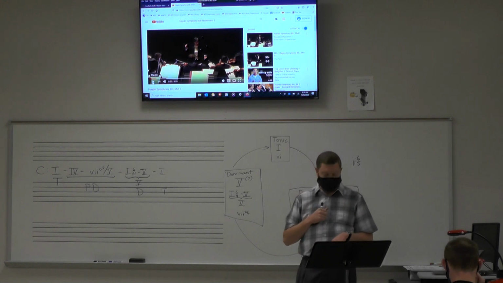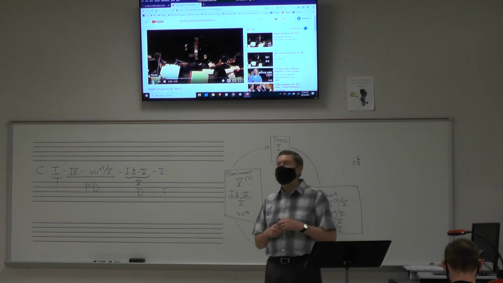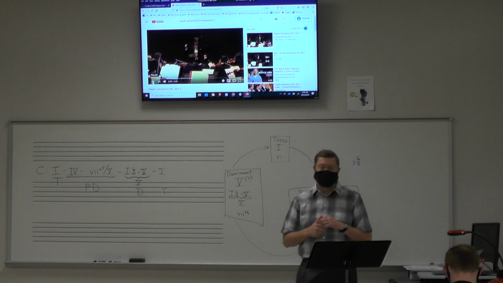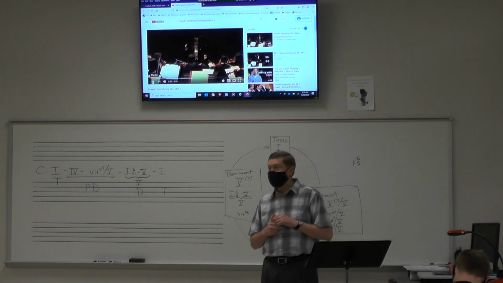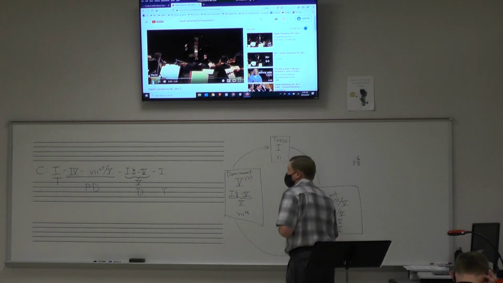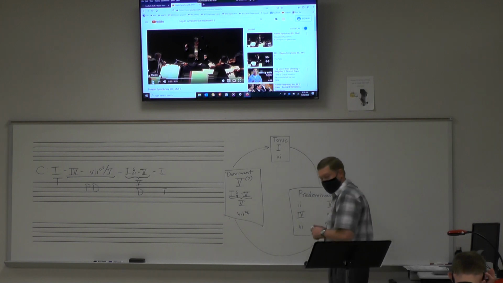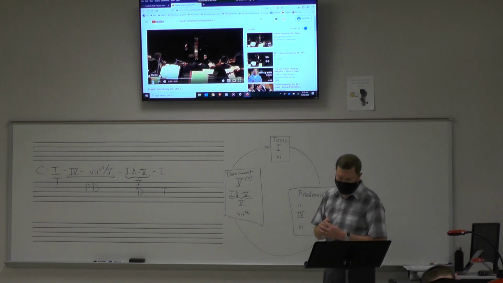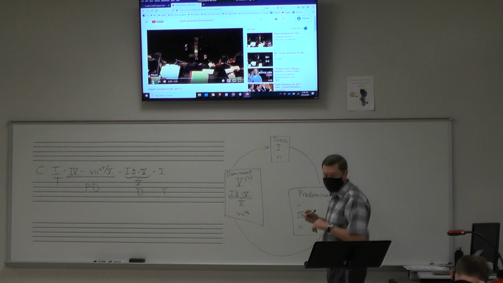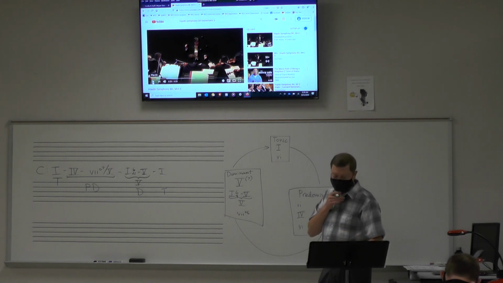First of all, who can tell me the key of this passage? D major, right? Okay, D major. Now, there is one note missing in that very brief chromatic chord, which only lasts for an 8th note.